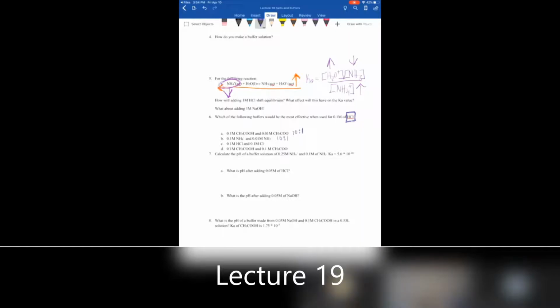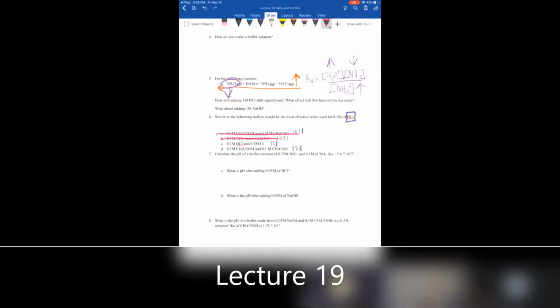And again, 0.1 acetic acid and 0.1 acetate? That's still 1 to 1. So which buffers are going to be more effective just based on their concentrations? C and D. Okay. So you can cross out A and B.